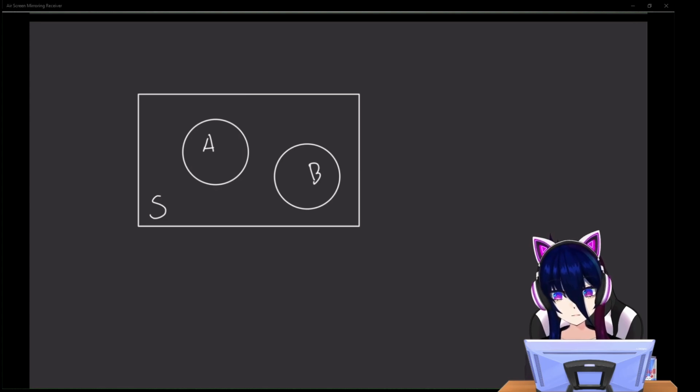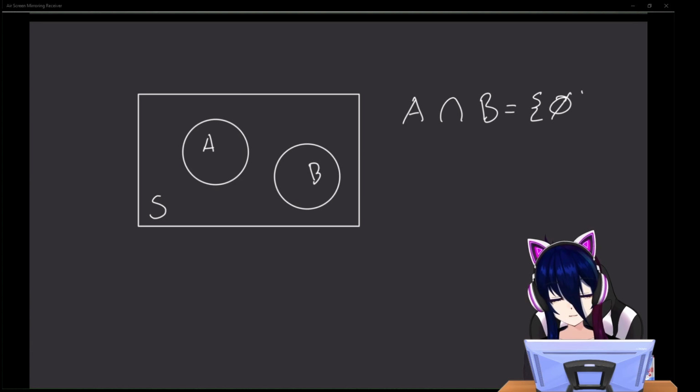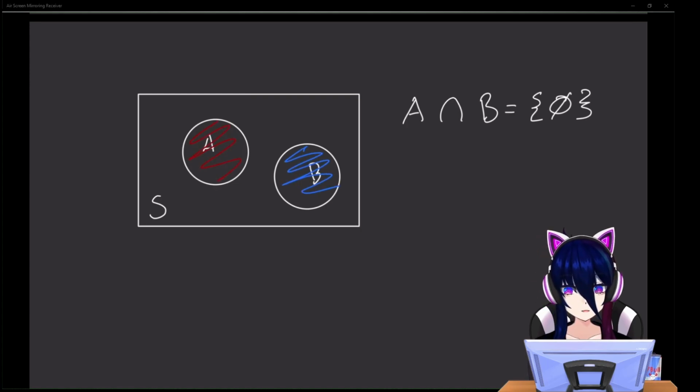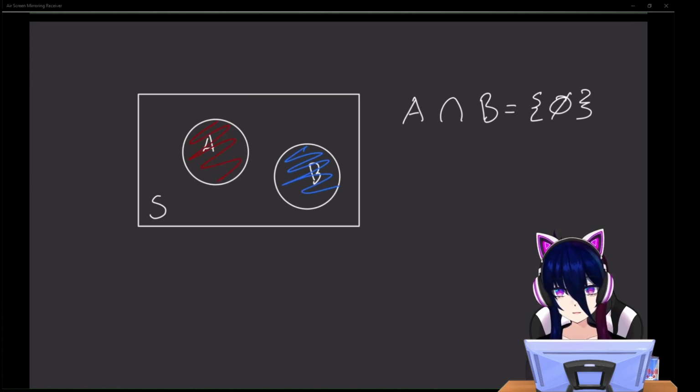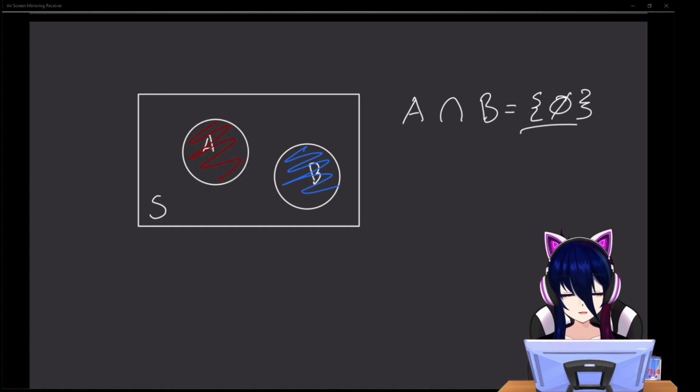So, a way we can denote that is saying that A intersected with B is equal to something we call the empty set. Because if I say, well, all the stuff in A crossed over with all the stuff in B, there's no purple. There's no spot where red and blue mix. There's no spot where A and B mix. So, it's empty. It's nothing.